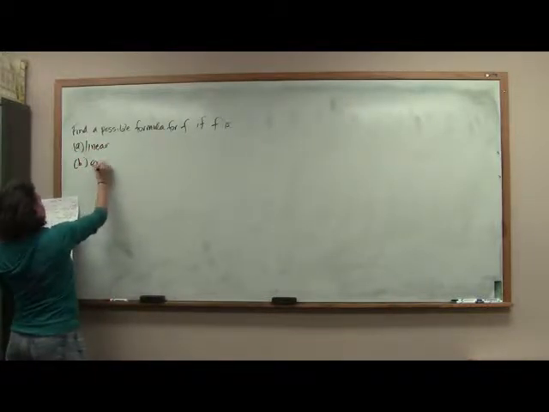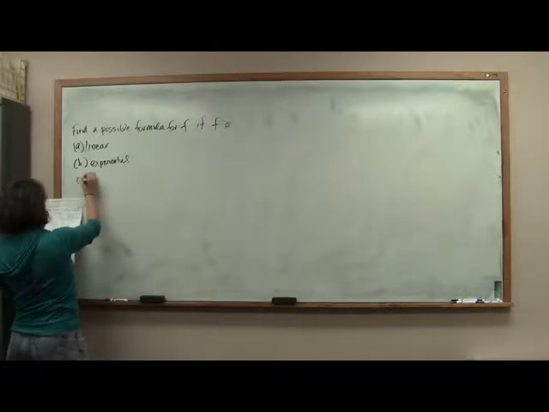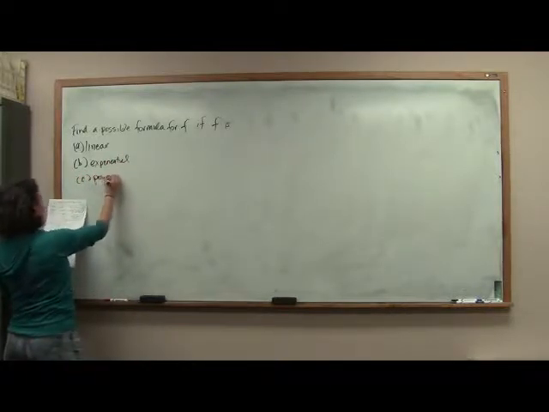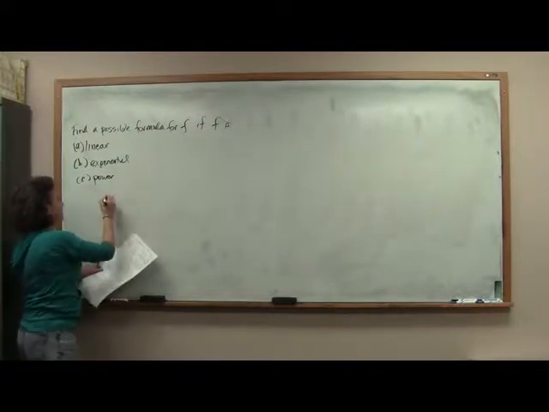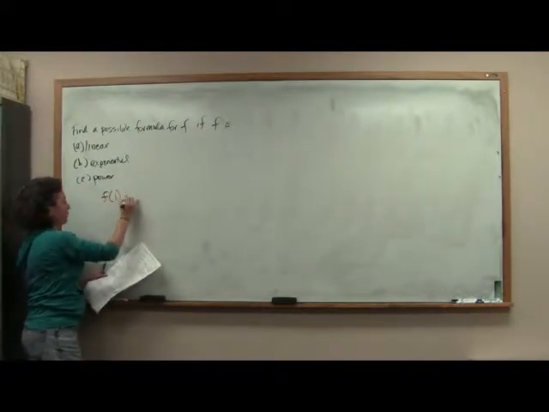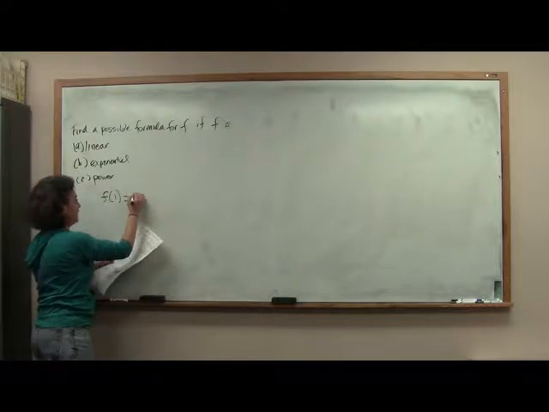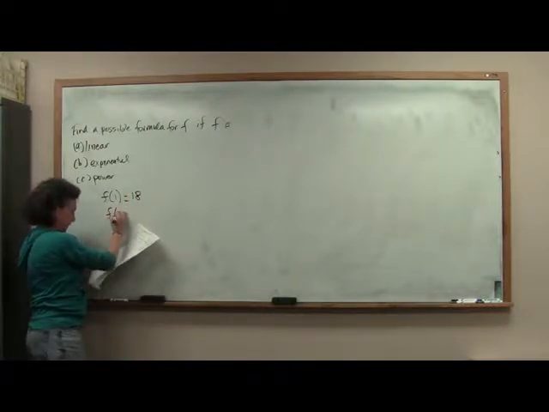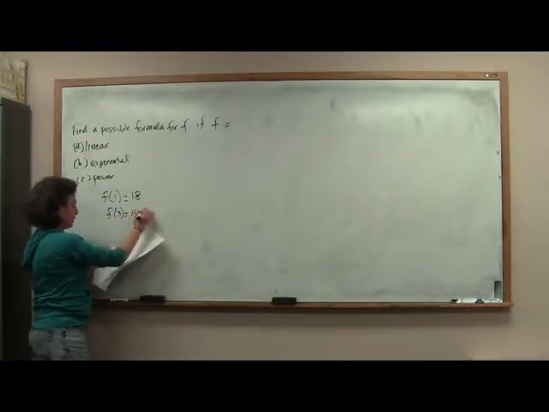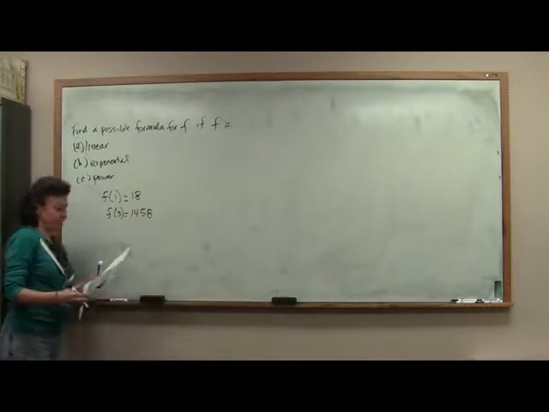Part B, an exponential function. And finally, part C, a power function. And let us say for this first example, we have f of 1 is 18, and f of 3 is 1,458.